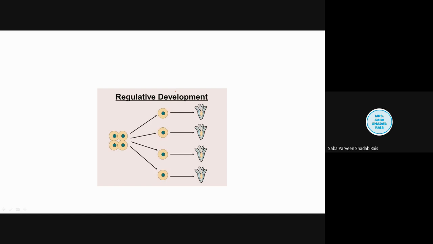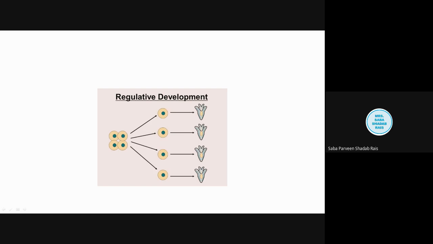So we can simply say that the organs of the future embryo are not predetermined, and they are referred to as regulative development or indeterminate eggs. In the regulative egg, determination occurs only after the third cleavage. Till the first, second, and third cleavage, each and every part has the full potential to become the complete embryo.